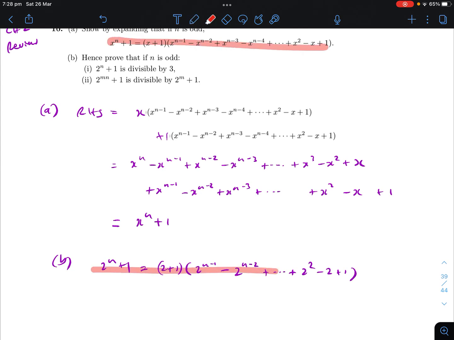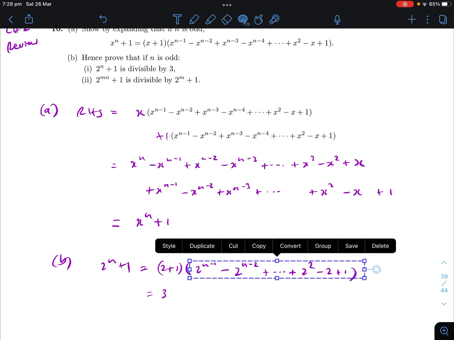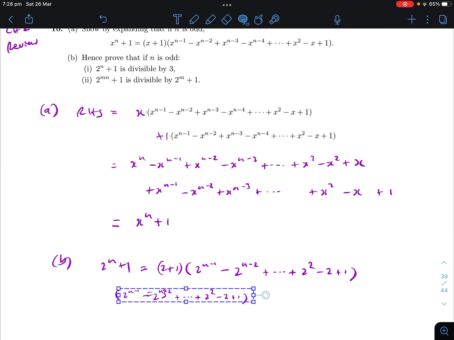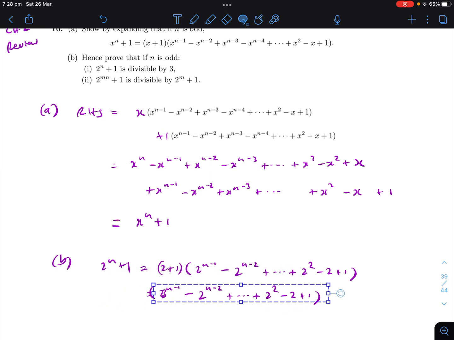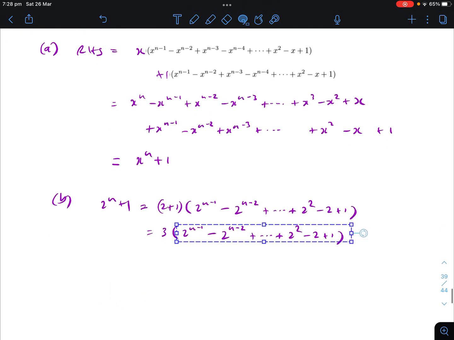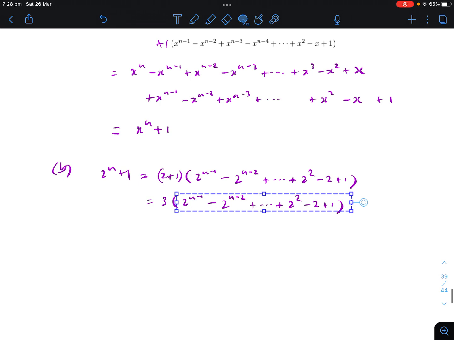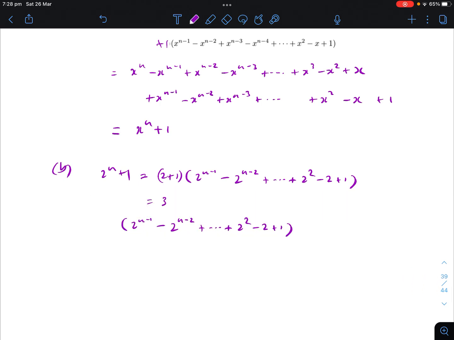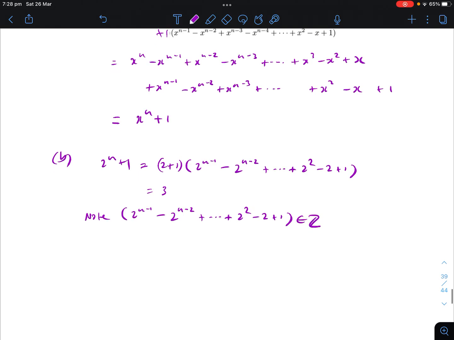I'm just substituting x equals 2 right there, which equals 3 times that, where that is an integer.